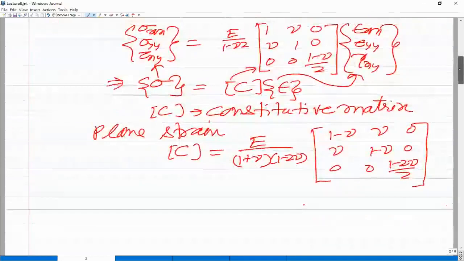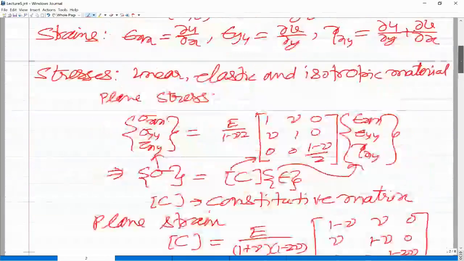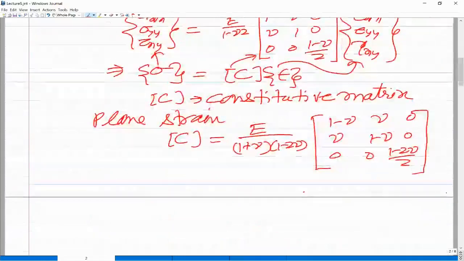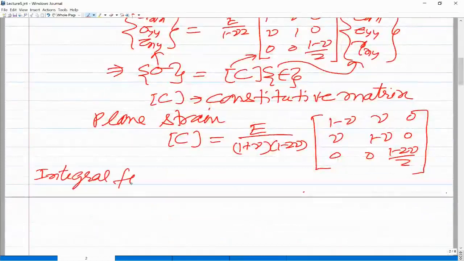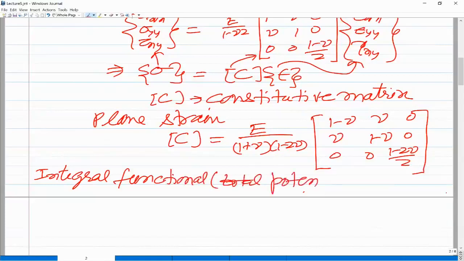Now the whole thing is based on the integral functional, so we are going to discuss the formulation based on it. So next is the total potential energy functional.